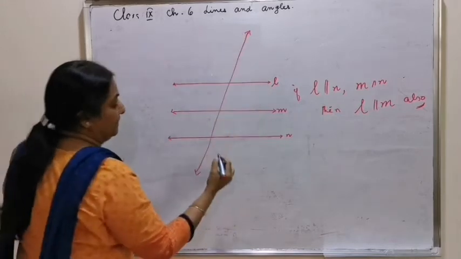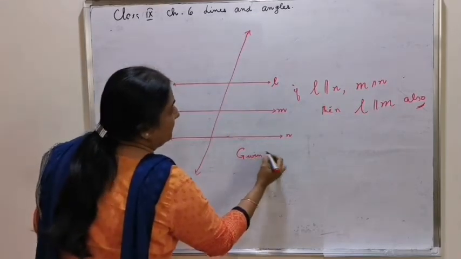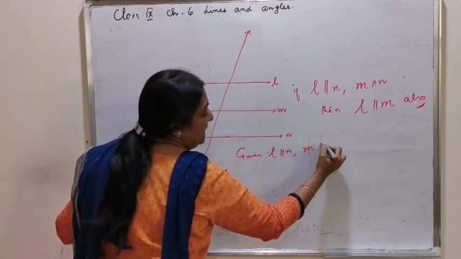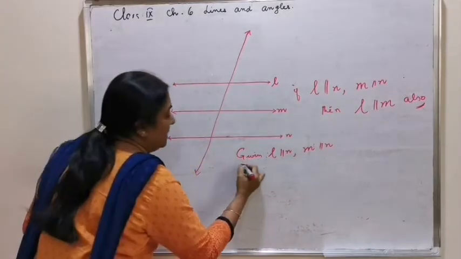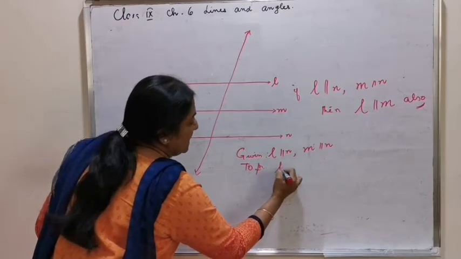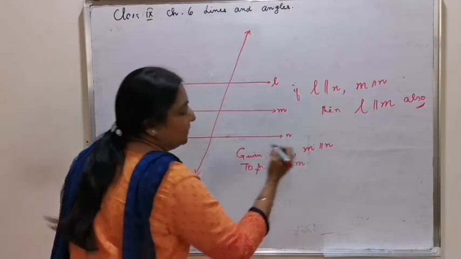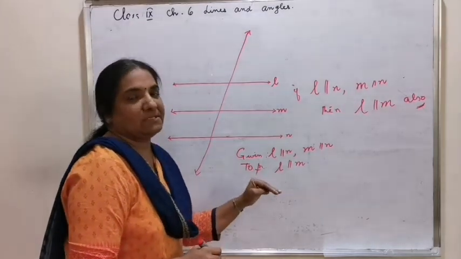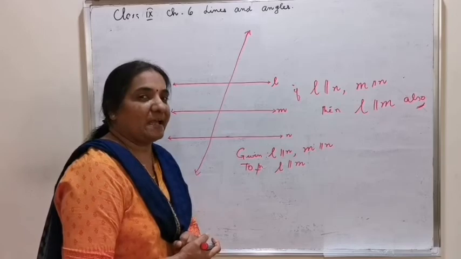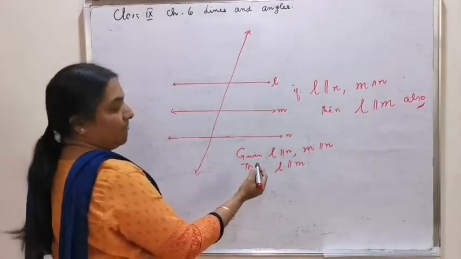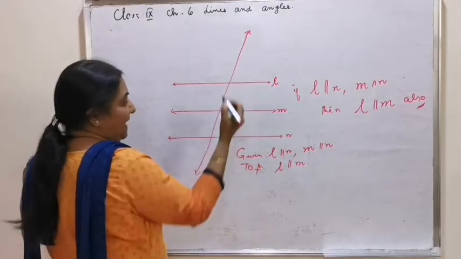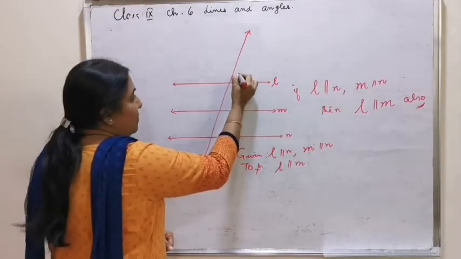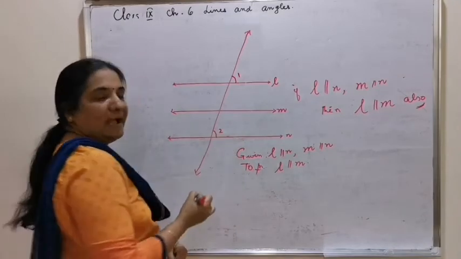So, given L parallel to N, M parallel to N, and what is to prove is L is parallel to M. We will write the statement later on because it can be used as a property as well. Now, since L and N are parallel, we can take one pair of corresponding angles.